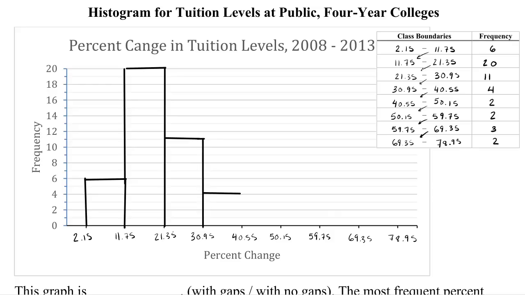And 4. And then we've got a 2, a 2, a 3, and a 2. So there's our frequency histogram. And we're now also equipped to describe its shape.